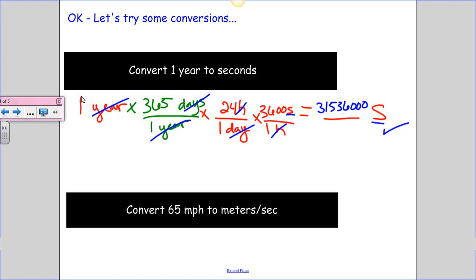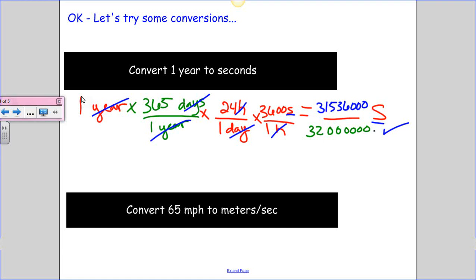So if we round to 2 significant figures, that is going to be 32,000,000. That's still a really obnoxious number to write. We have the right number of significant figures, but it's a pain to write out. So we can go one step further and put this into scientific notation. A little practice here. Our decimal point is back here.